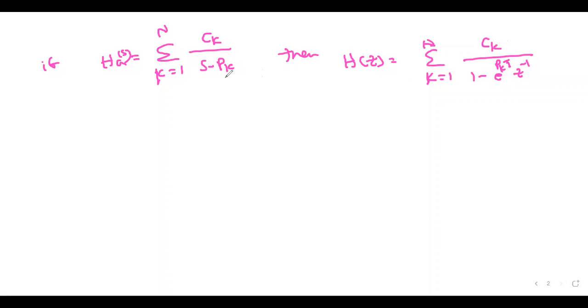Here, if you have p_k, you should have e power p_k T. That's it. So simply the transformation is this. You just get the p_k values, substitute in this, and get each term.